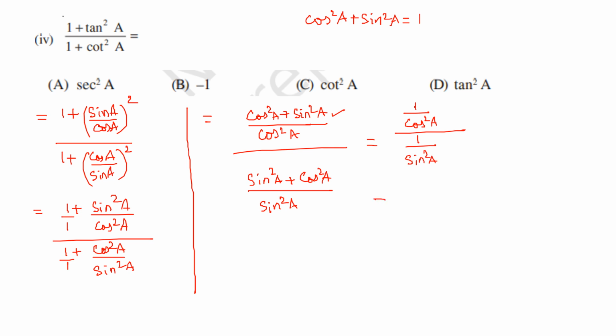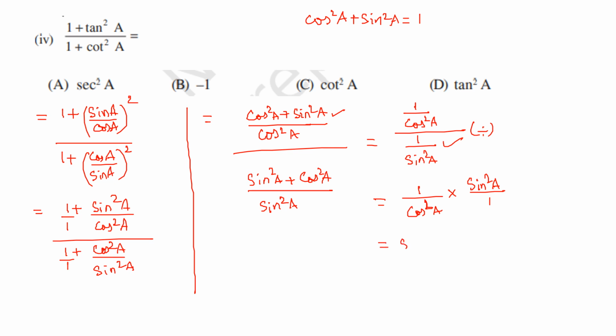Now this is your division. So when you change division to multiplication, what will happen? This part will become the reciprocal, so it will become sin square A by 1.